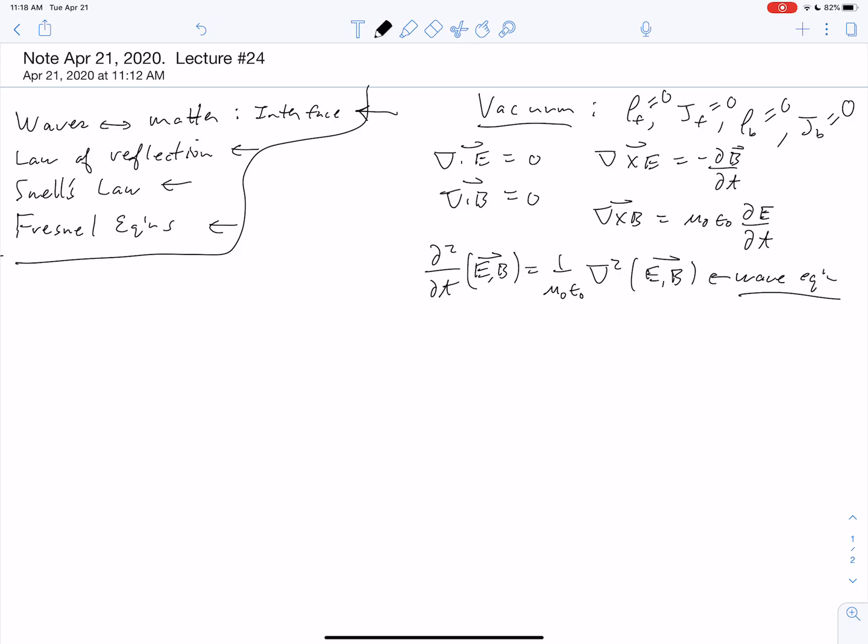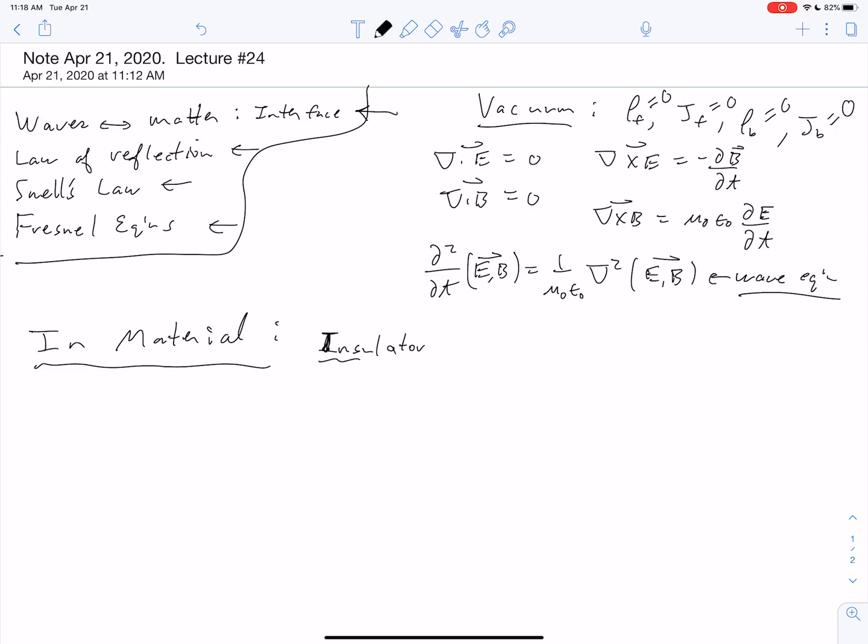But now in a material, it's a little bit different, not too different, just enough to be interesting. Let's consider a typical material, an insulator.